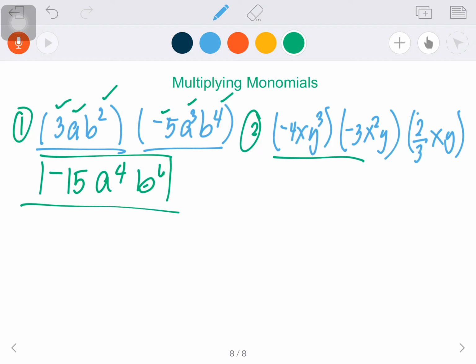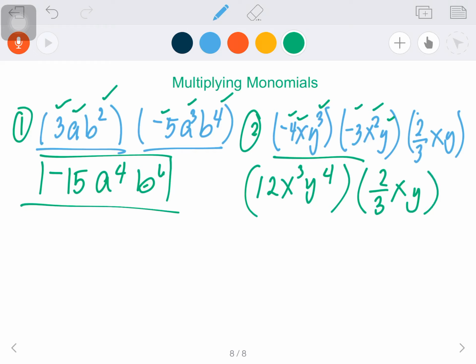So negative 4 and negative 3 will give us positive 12. Here you have x and x squared, that would give you x cubed. Then y cubed and y will give you y to the fourth. And we are not yet done from here. We still have to multiply that to 2/3 xy.